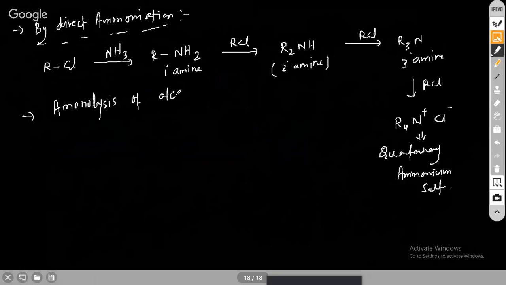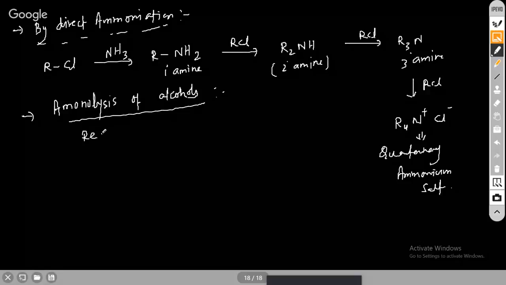Write down: alcohol on reaction with ammonia in presence of a reagent like Al2O3, alumina, or thoria, ThO2, gives a mixture of amines.